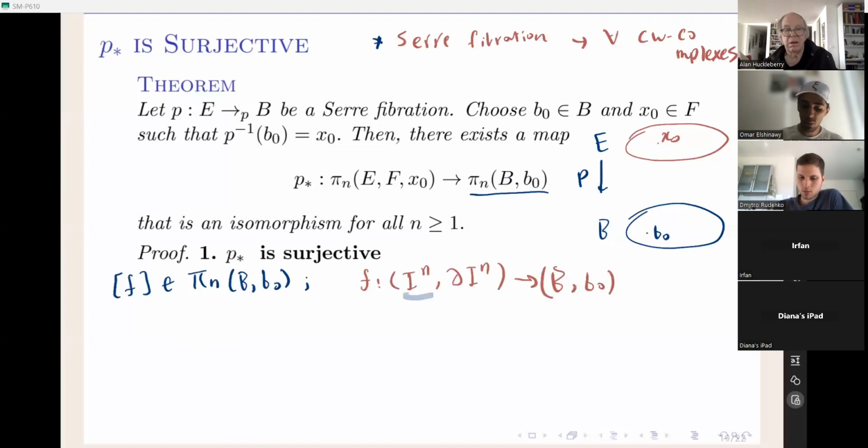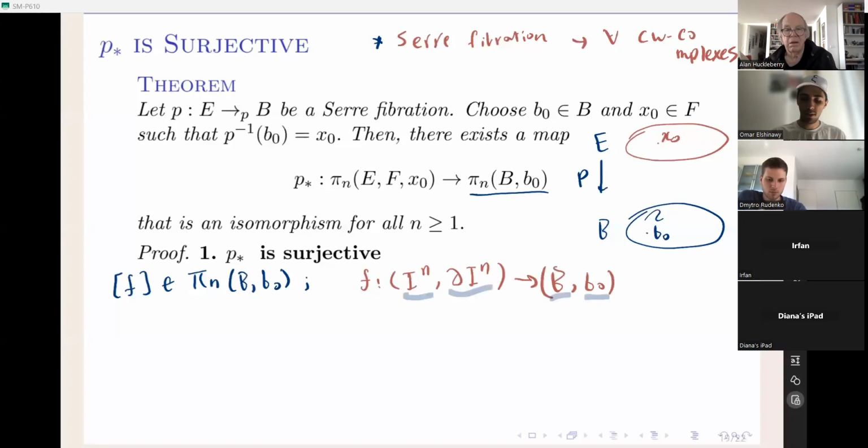And then we look at this mapping. The n cube is not precisely mapped to B, but it's a map from I to the n to B, and this boundary is mapped to the point. So the boundary is mapped to the point, which gives us an n sphere.